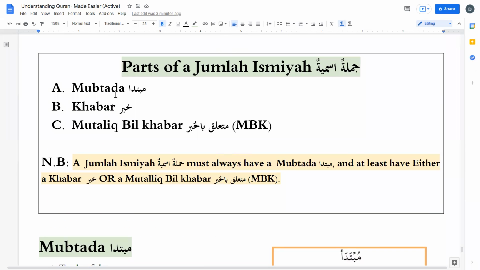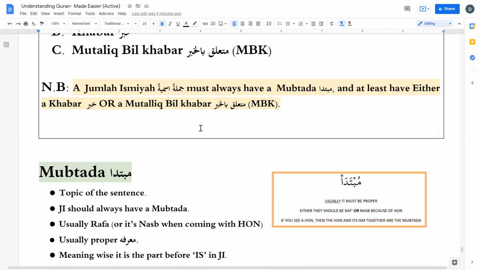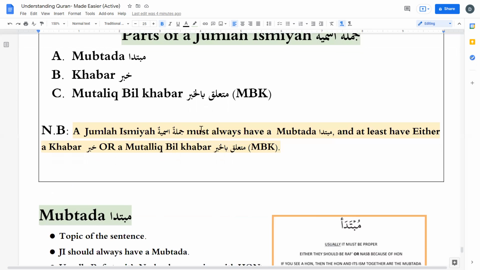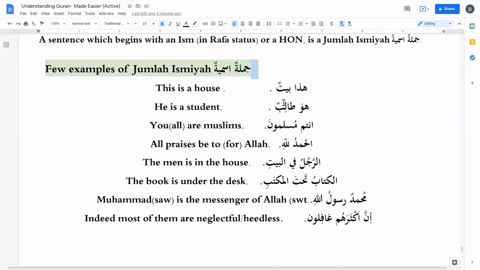Now let's see a few points about mubtada. When we learned about the examples of Jumlah Ismiyah, we learned a few things about mubtada.